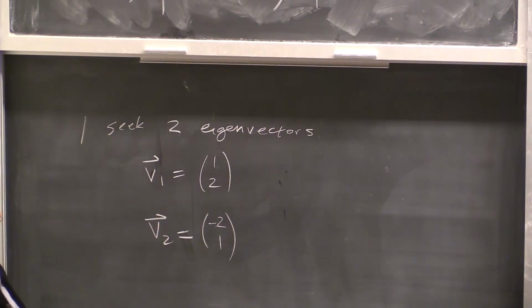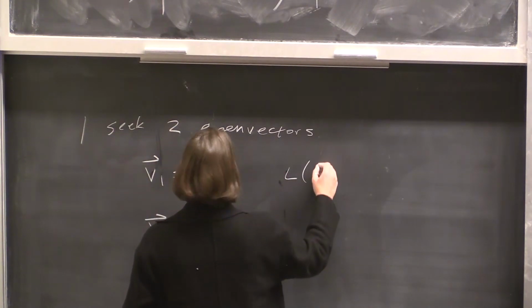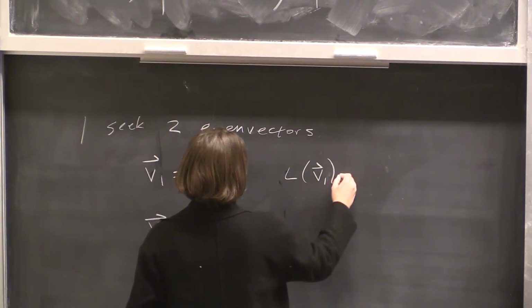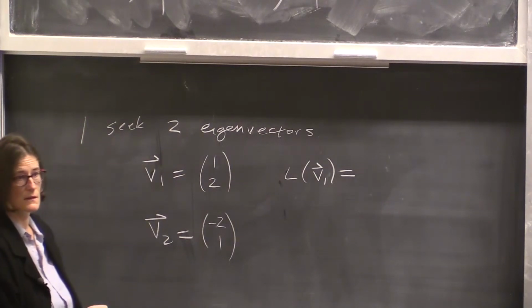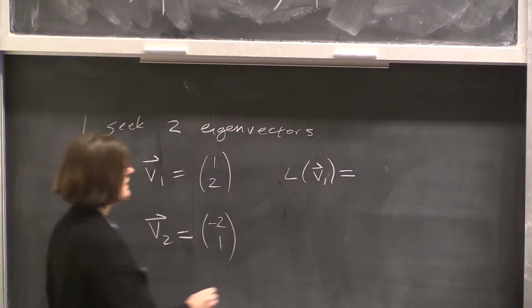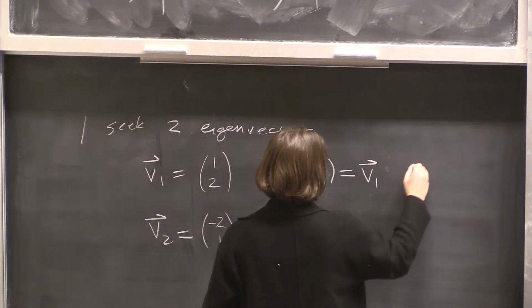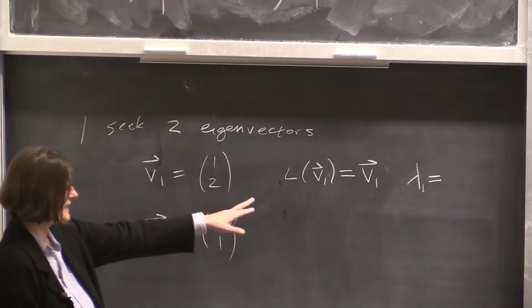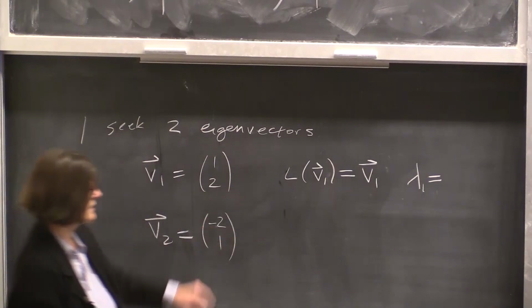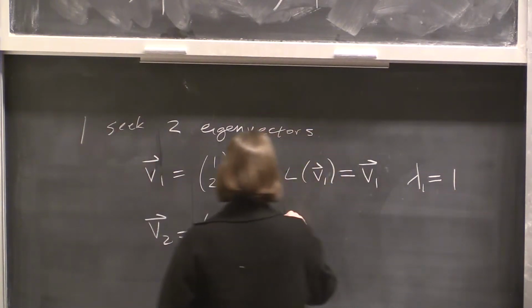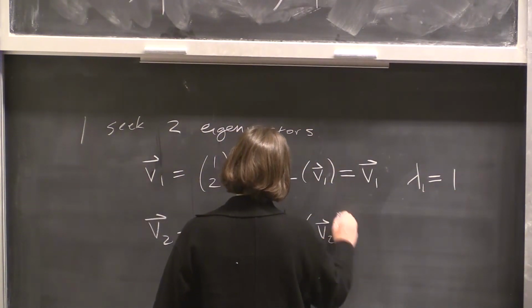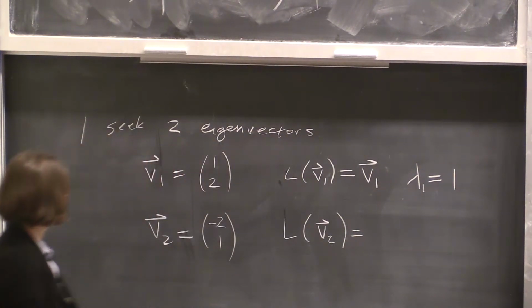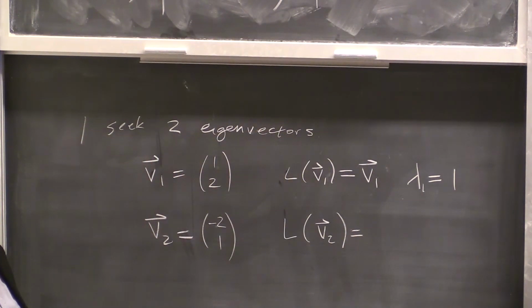So here I'm collinear. You would expect that L of v1 should equal what? v1. And so the eigenvalue is 1. L of v2, if it's perpendicular, what does v2 get sent to?